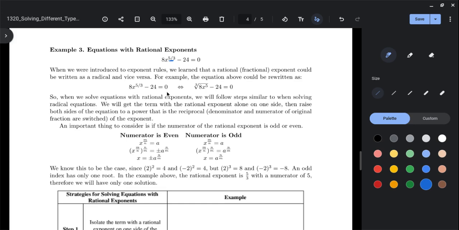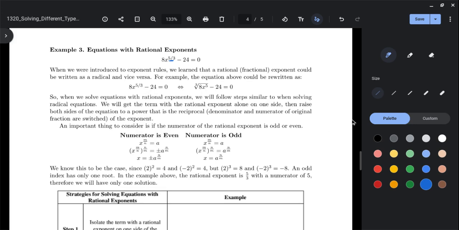If you look at this example down here, I rewrote this term 8x to the 5/3 power as the radical, the cubed root of 8 times x to the 5th power. When we have a fractional exponent, the numerator, in this case the 5, is the power that we're raising x to, and the denominator 3 is the root that we're taking of it. So we're taking the cubed root.